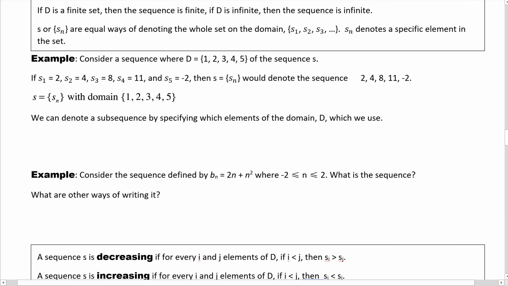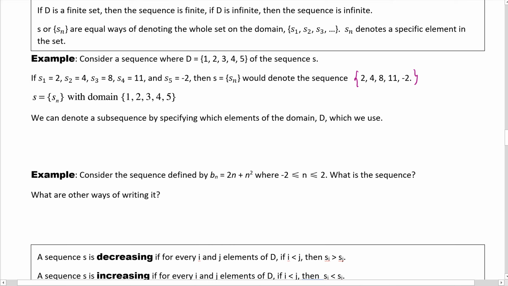Sometimes we also put braces around it to denote the sequence. So S equals the sequence {S_n} with the domain 1, 2, 3, 4, 5. So we have 5 numbers here.